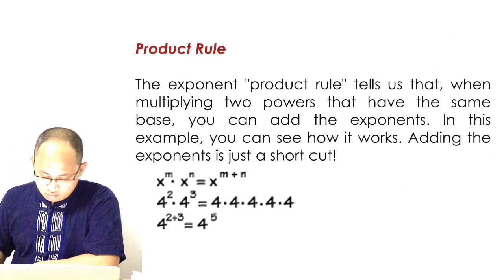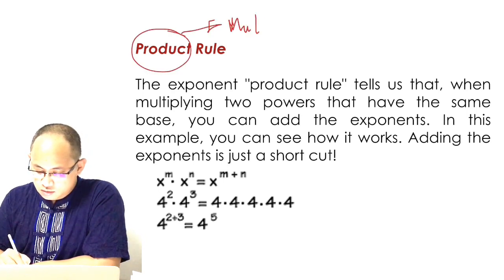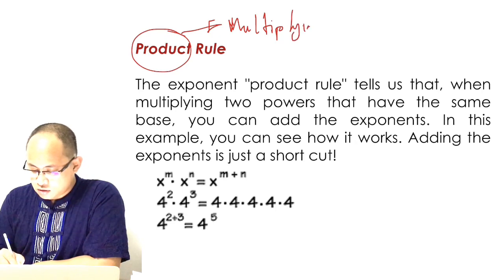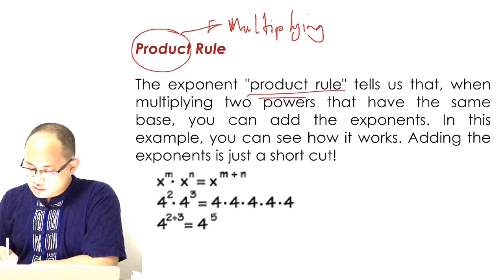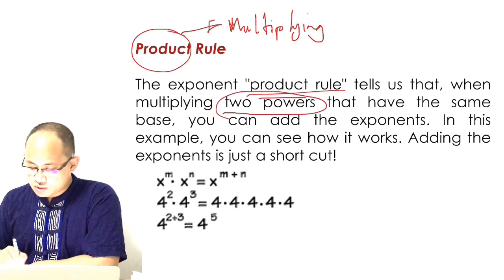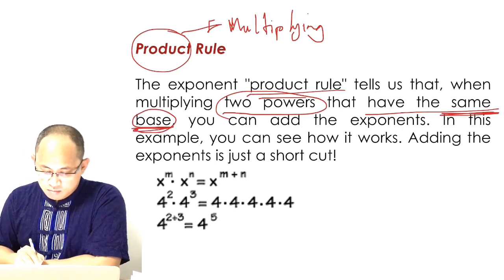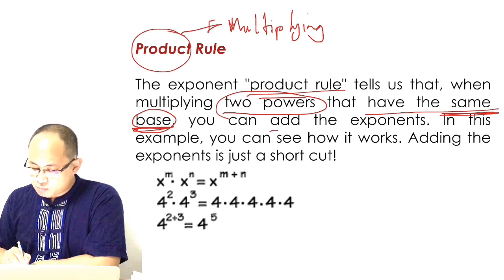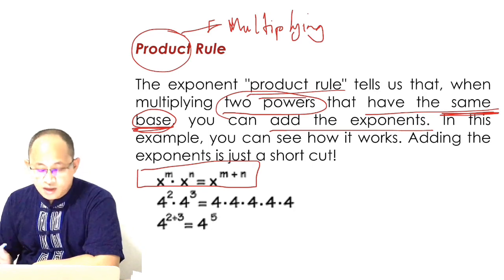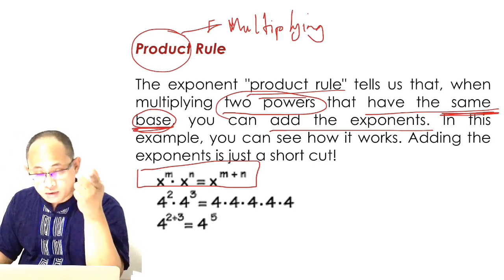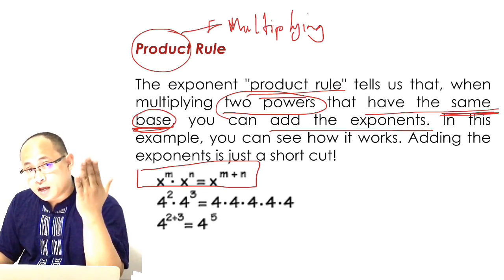Second rule, product rule. From the word itself, product means you are multiplying. The exponent product rule tells us that when you're multiplying two powers that have the same base, mark the word, same base, you can add the exponents. Look at the pattern: x to the power of m times x to the power of n. Notice the bases are the same, they are both x, and the exponents are different, m and n.